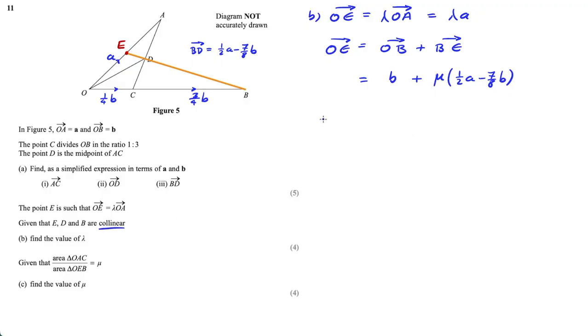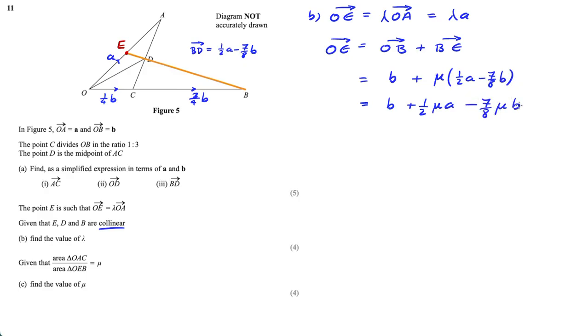Because they're on the same line, BE and BD are parallel, hence it is a multiple of BD. Okay, let's just simplify this a bit. This is B plus a half mu A minus 7/8 mu B.